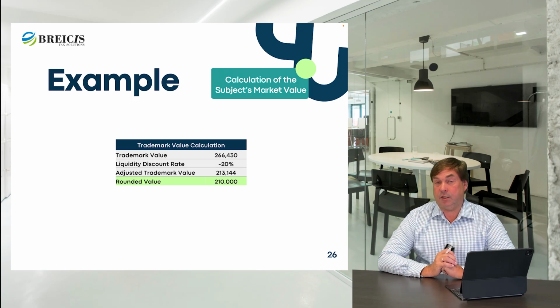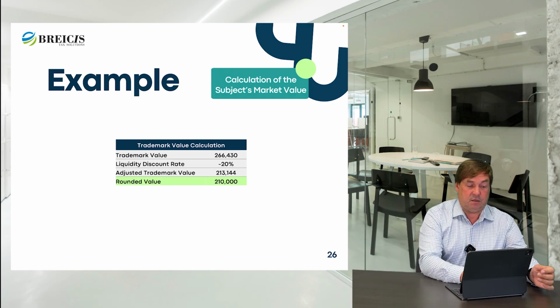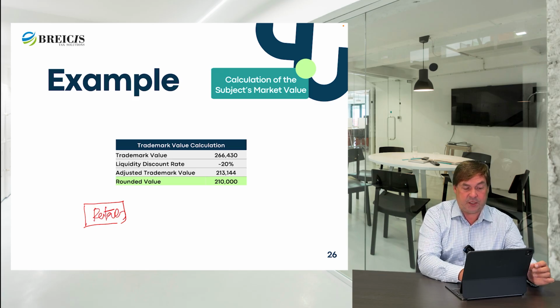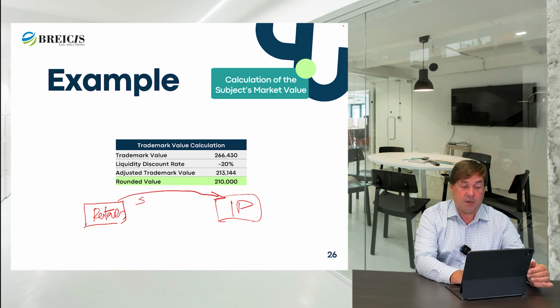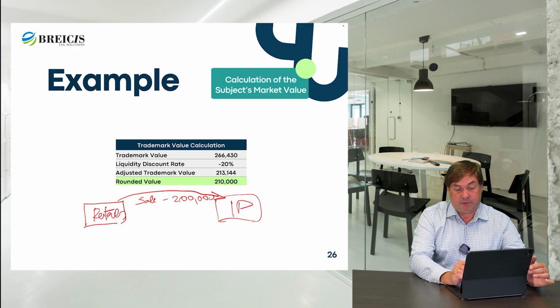So, what can we conclude from this calculation? We have this structure where we have a retailer or trader, previously we called it, and here is the IP company. In the first step the retailer should sell the trademark for roughly about 200,000 euros, and then the IP company should lease it back, of course if it wishes to do that.